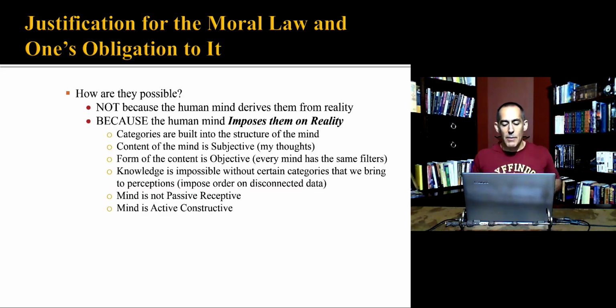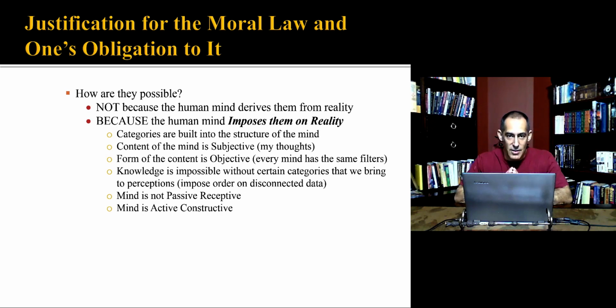So how are these possible? Well, it's not because the human mind derives these things from experience, because it doesn't. The human mind actually imposes them on reality in order to create experience. And this is where we're already getting into the metaphysics a little bit in the epistemology. So for Kant, there are categories that are actually built into the structure of our minds.